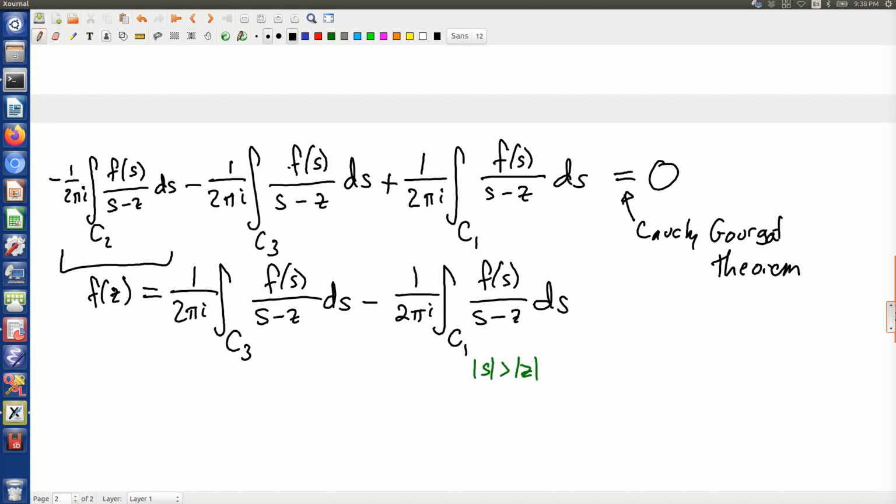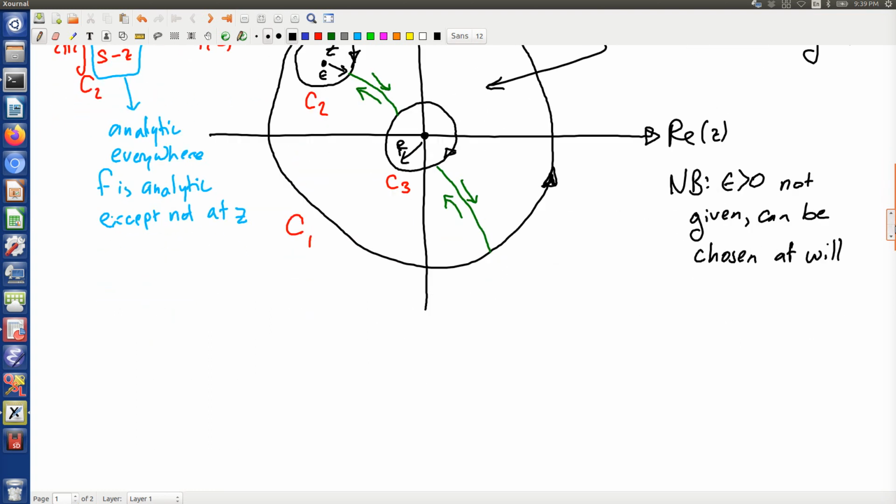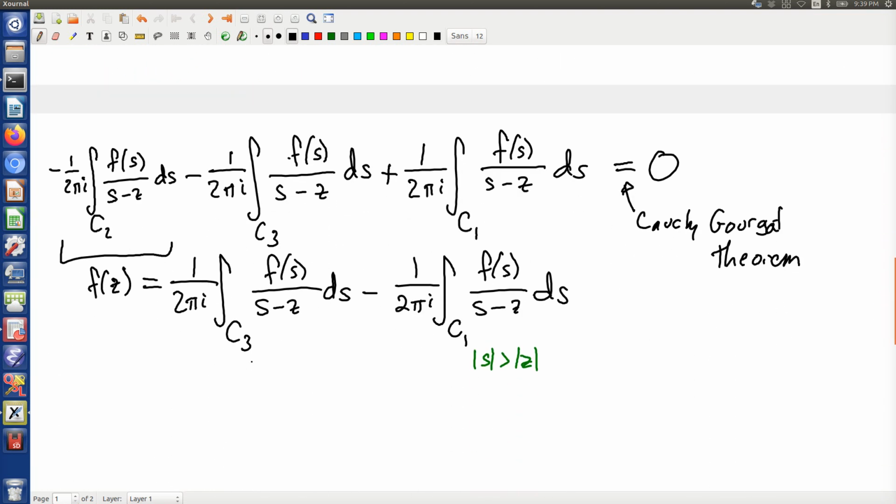Now, on the other hand, on the C3 integral, the opposite is true, because z is outside of this circle of radius r, where we're having all of our non-analyticity, or potential non-analyticity. So the situation is reversed there.